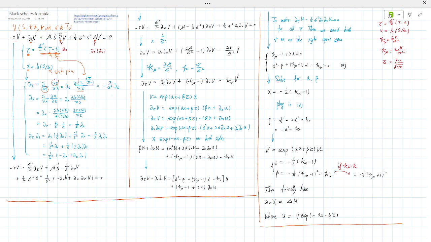And then the simple derivative, this is 0, and then we have negative 2 over sigma squared dt.